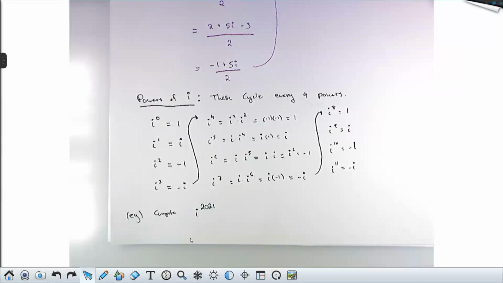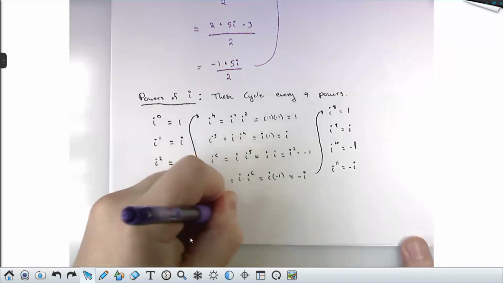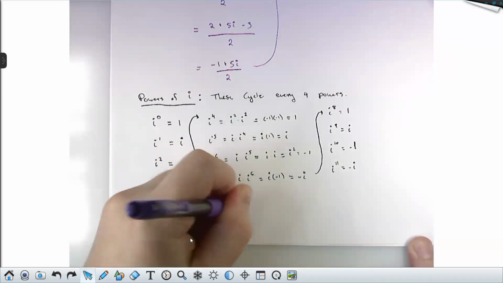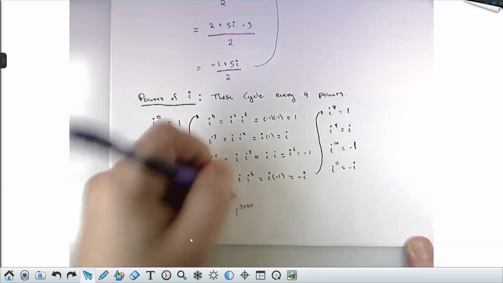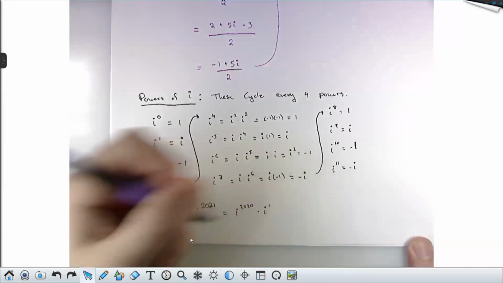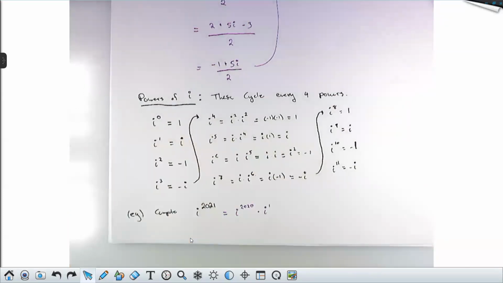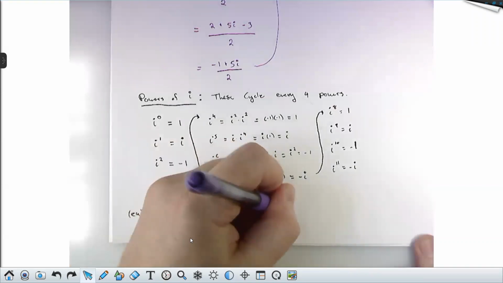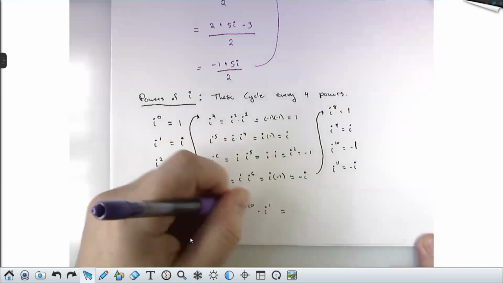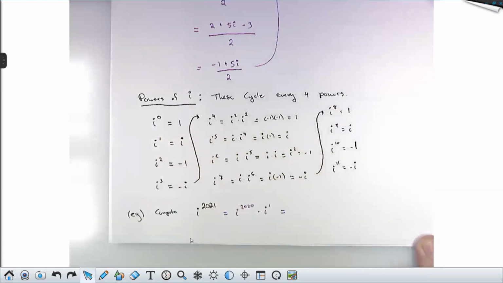All right, you ready to see that Euclidean algorithm used again, this time for numbers? I to the 2021 is I to the 2020 times I to the 1, right? And I to the 2020 is divisible by 4, right? What is 2020?